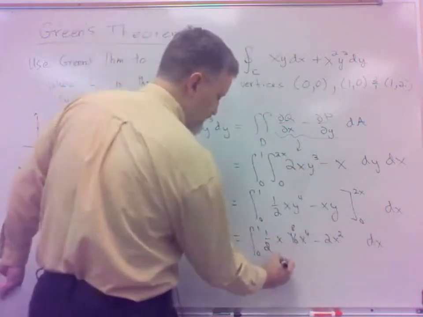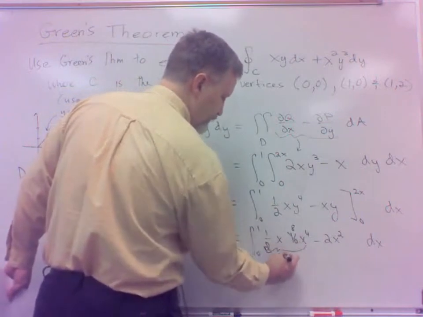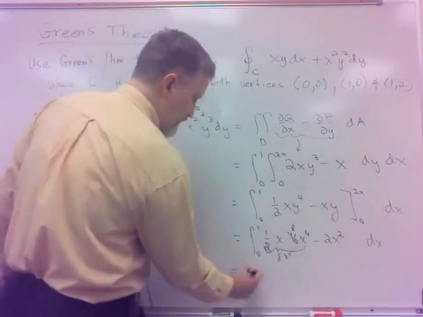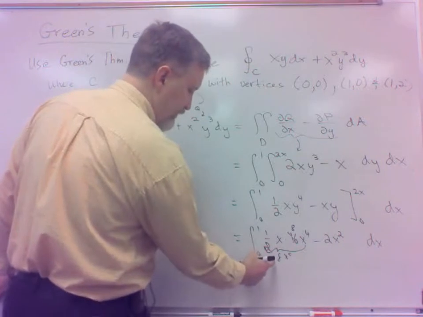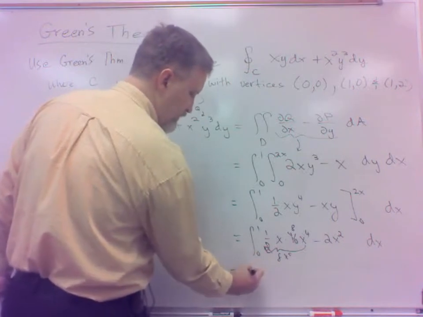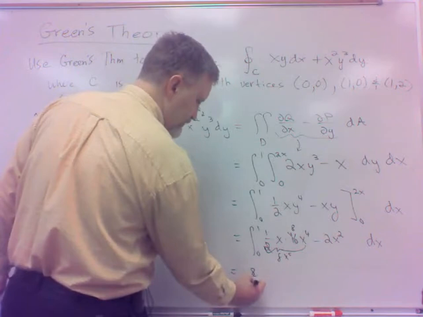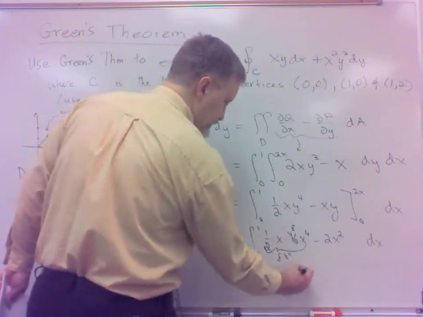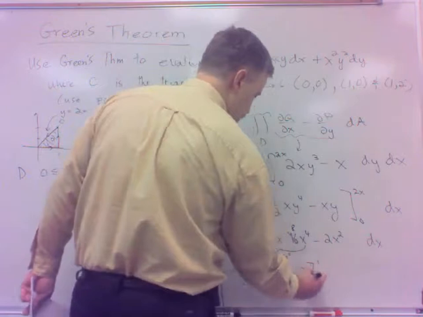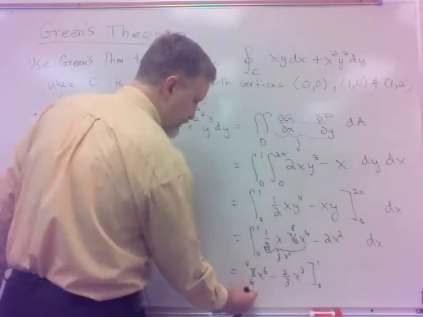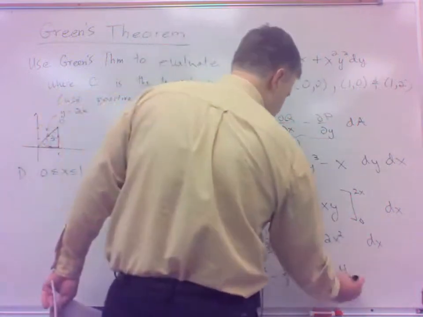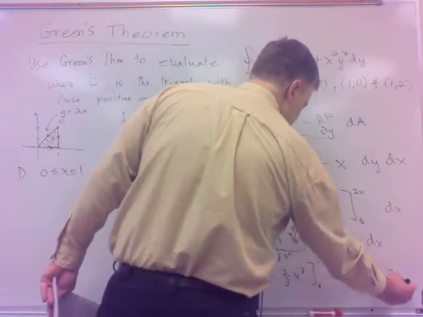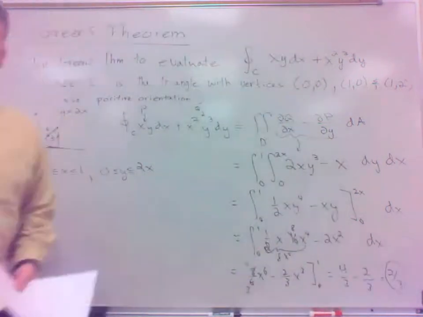So we've got 8x to the fifth here. Is that right? So that would be the integral there. Antiderivative would be 8/6, 4/3, x to the 6 minus 2/3, x to the third. Going from 0 to 1. That's 4/3. We wind up with 4/3 minus 2/3. 2/3. Hey, how about that?